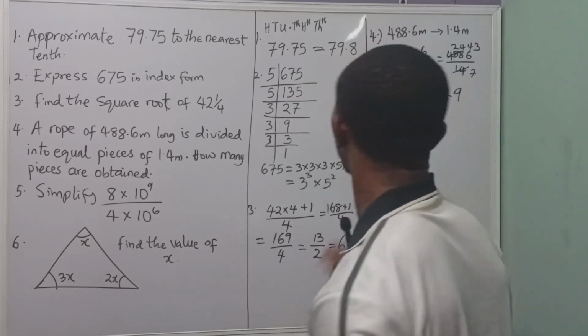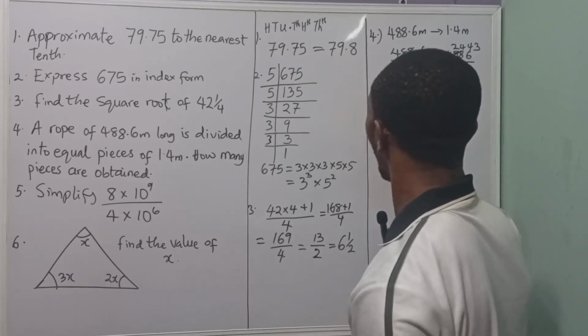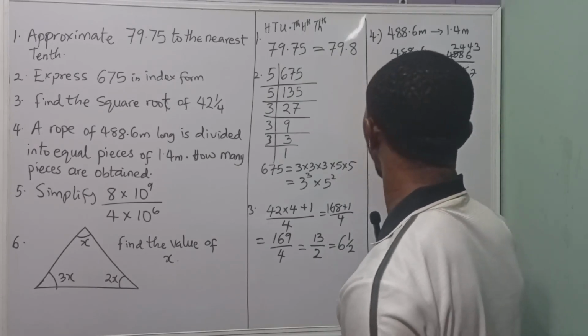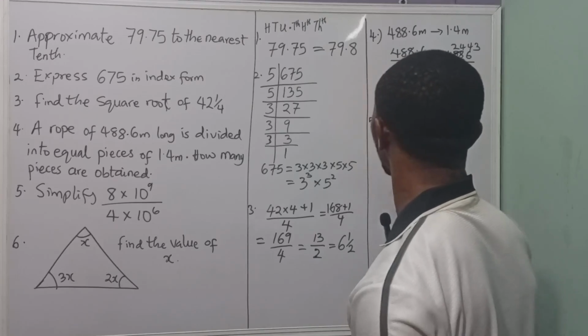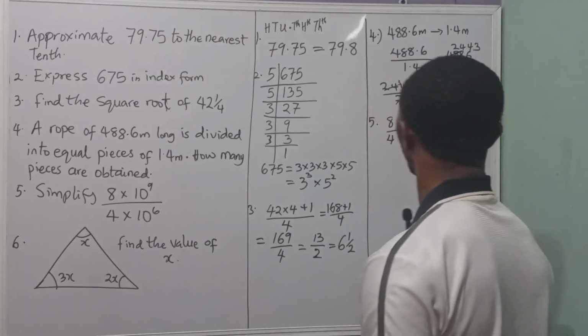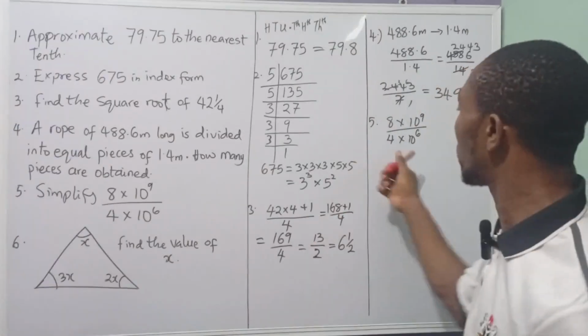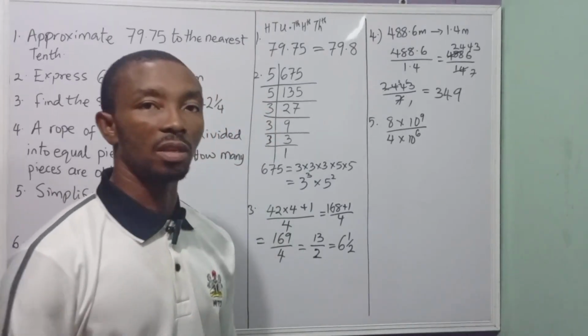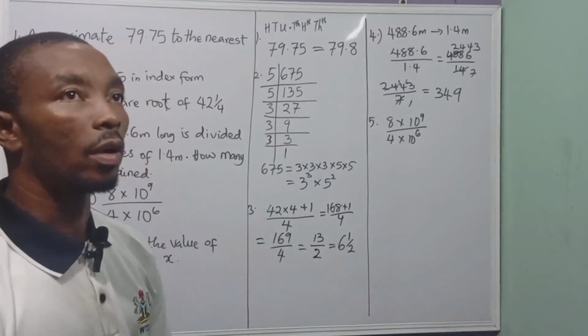So our fifth question says, simplify 8 times 10 raised to the power 9 all over 4 times 10 raised to the power 6. Now we can apply our law of indices in this question.